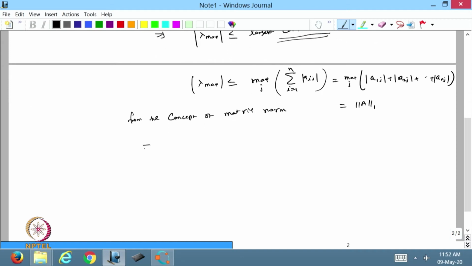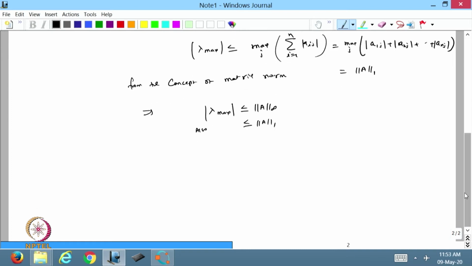So from here I can say that for any matrix, the maximum eigenvalue modulus is less than or equal to the infinity norm and also less than or equal to the 1 norm. This we have done from the Gershgorin theorem.